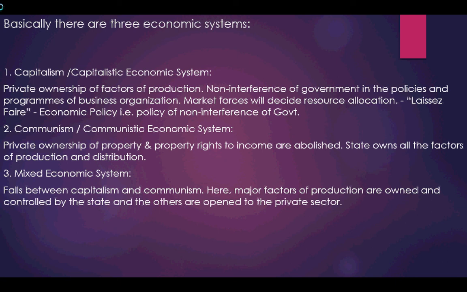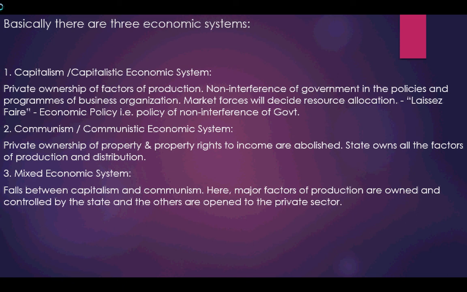Communism: private ownership of property and property rights to income are completely abolished. Take the example of China. It is a communist country. The state owns all the factors of production and distribution.